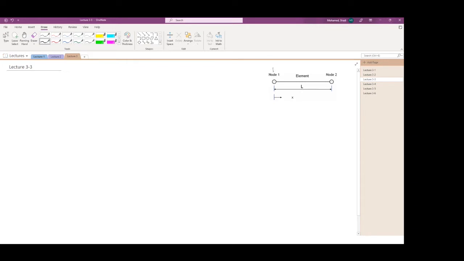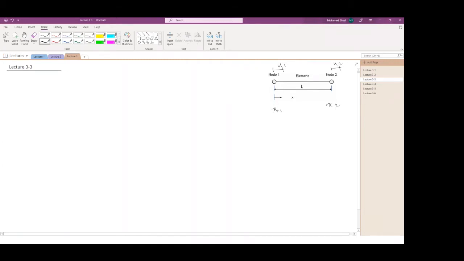So we have displacement U1 and U2 at node number 1 and node number 2. I'm just going to assume that we don't have x equals 0 at the beginning of the element. You have the x-axis in this direction, but node 1 is located at x1 and node number 2 is located at x2.